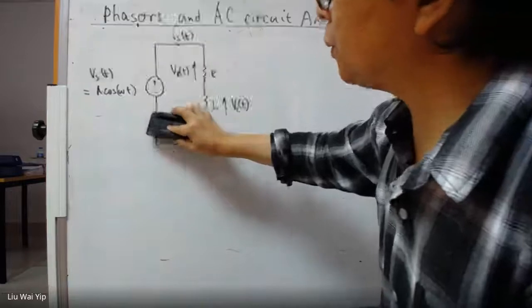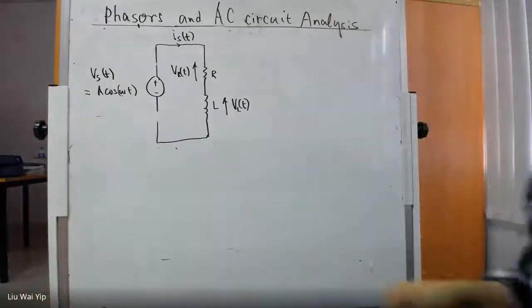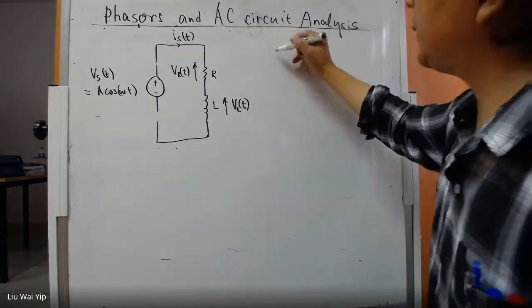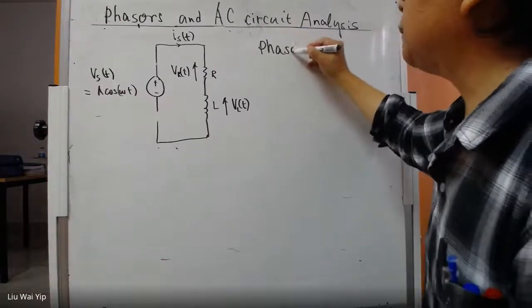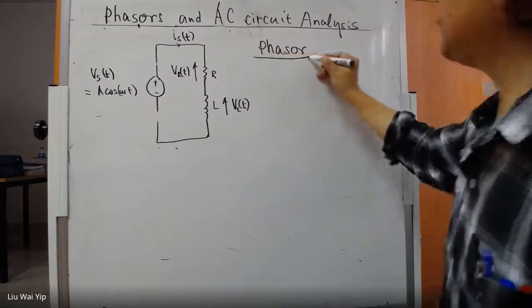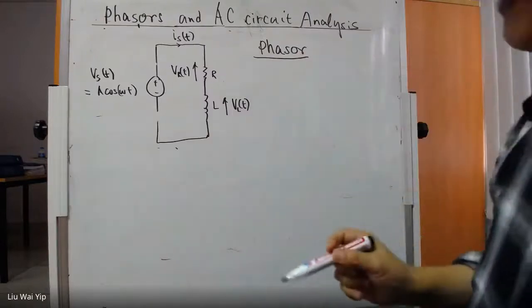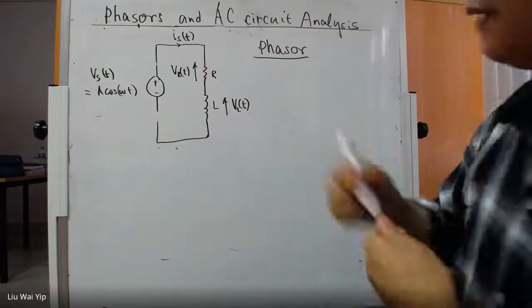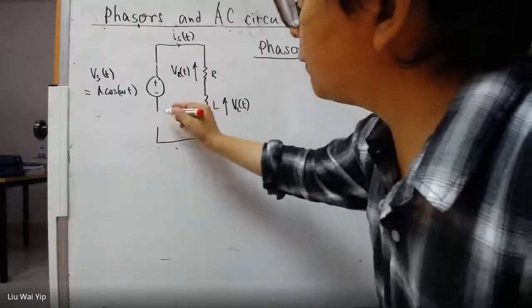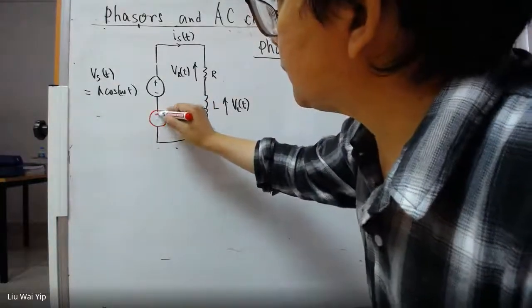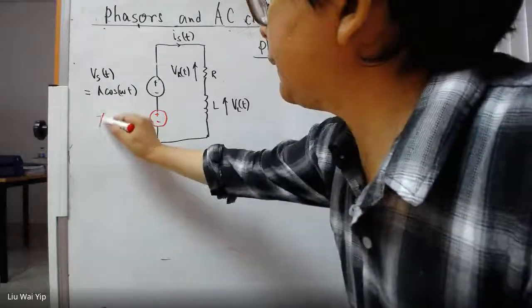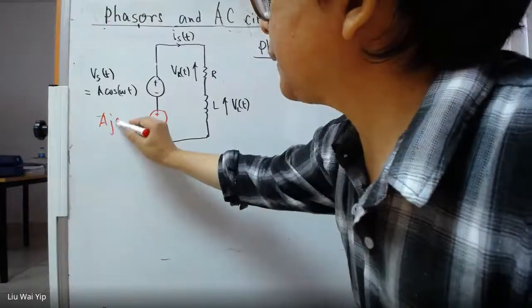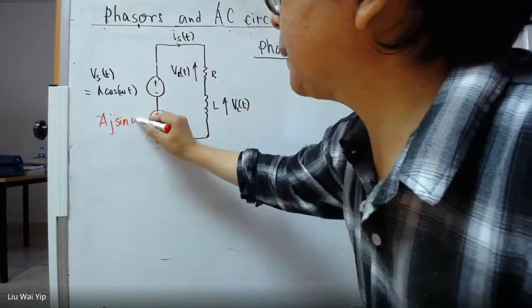So the solution here, first of all, what we need to highlight, we are going to use phasor to resolve the problem. And to begin with, we have to invent another voltage source here. And this voltage source is going to be A j sine omega t.